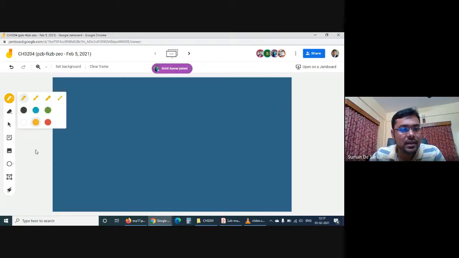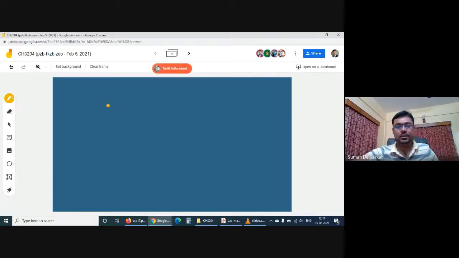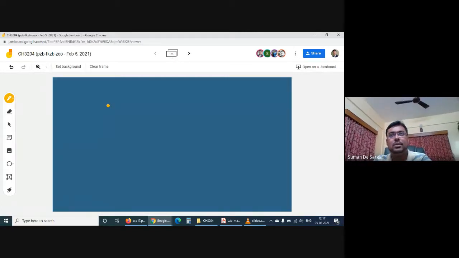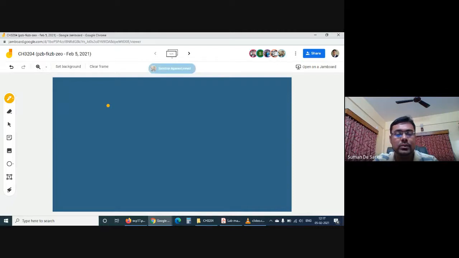Let us select this yellow ink. Okay. Mechanism is a coupling reaction. There is some similarity with what we have done during nitration. You remember during nitration, we generated one activated electrophile, the NO2 plus ion, and that immediately reacted with the aromatic system.